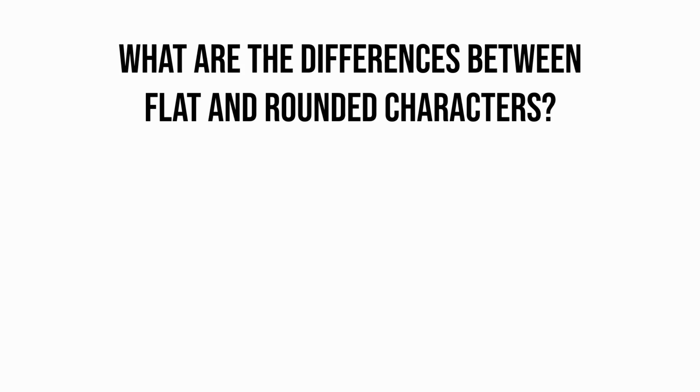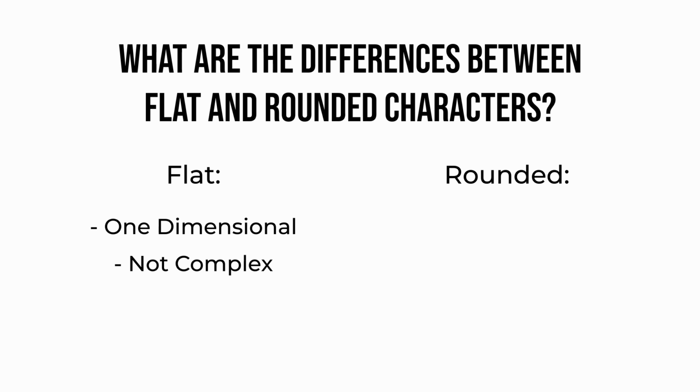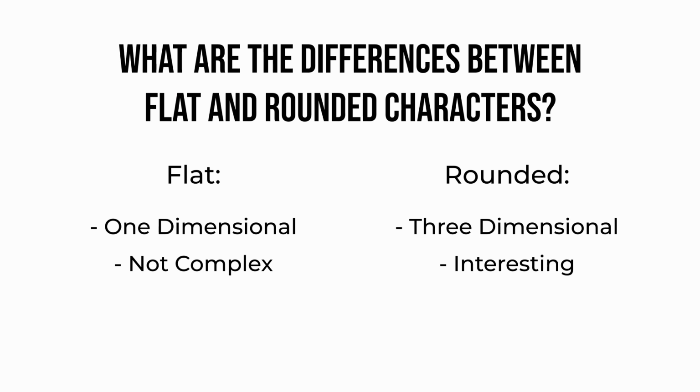Before we can get into the tips I have, it's good to know the difference between what a flat and well-rounded character are. A flat character is one-dimensional and is not complex at all, while a rounded character is three-dimensional, interesting, and complex. It is also just as important to not confuse these two terms with static and dynamic characters.